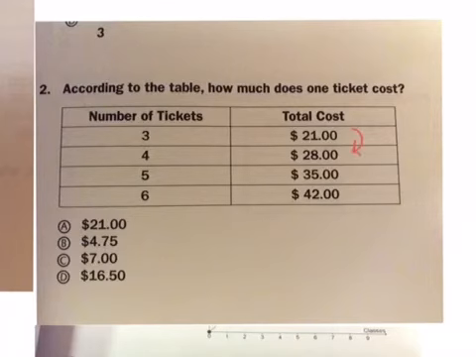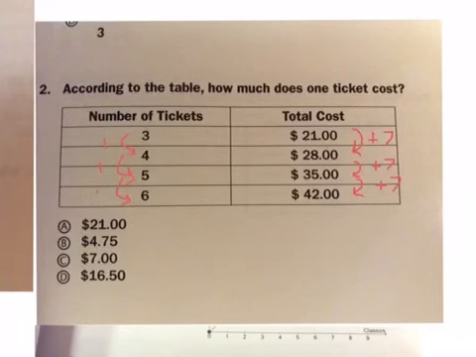Okay, this one, the price increase is by 7. Each time you just keep adding $7. Adding $7. And on the left side, even easier, you're just adding 1 ticket. Adding 1 ticket. Adding 1 ticket. So my slope, really easy.